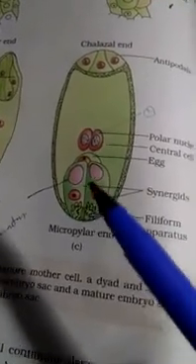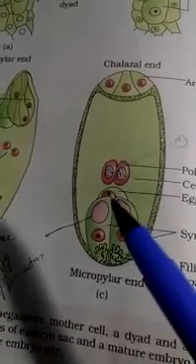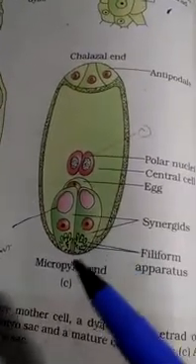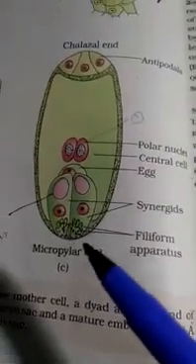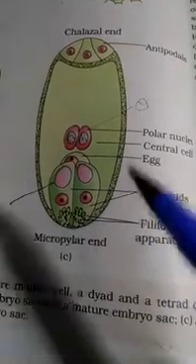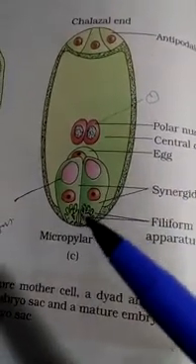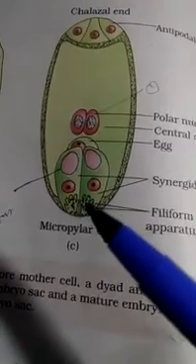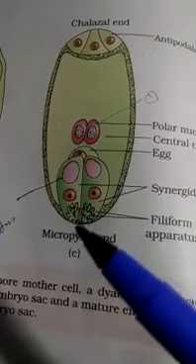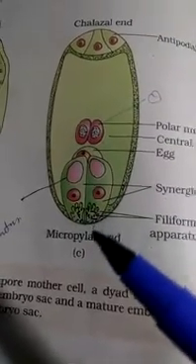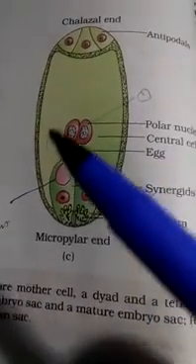Out of these 3 at the micropylar end, one is egg and 2 are synergids, which have filiform apparatus which helps to guide the pollen tube to move inside, to release the male gamete inside the egg apparatus, so that one of them fuses with the egg.